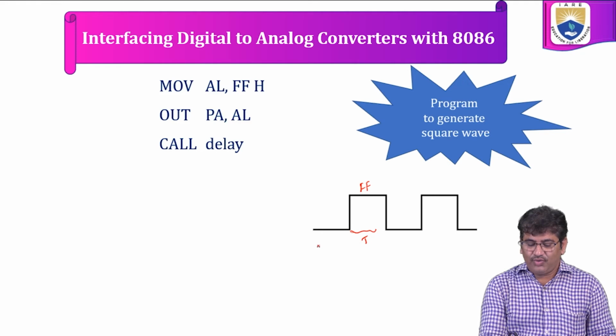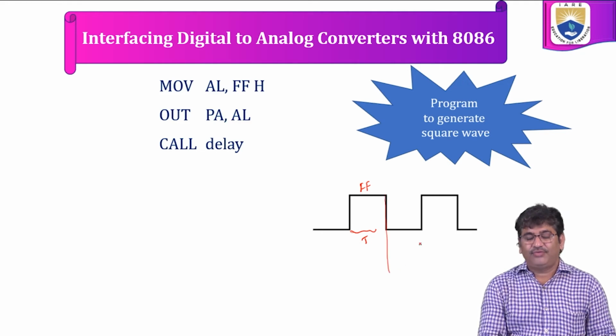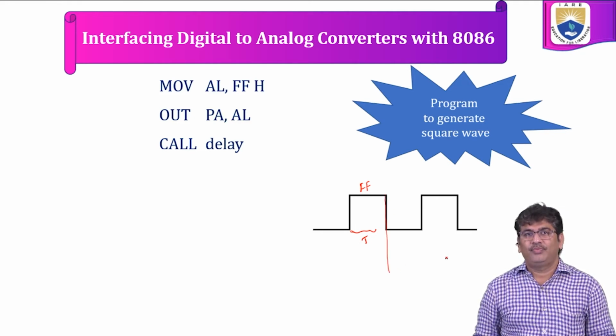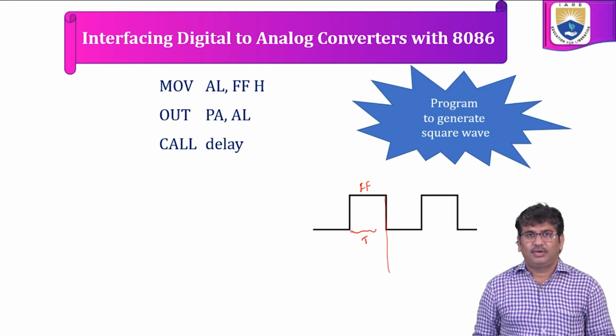Once this waveform is generated for one cycle, if we want a continuous waveform, again go for sending 00 to port A. So here we will write an unconditional jump to loop 1, JMP L1.